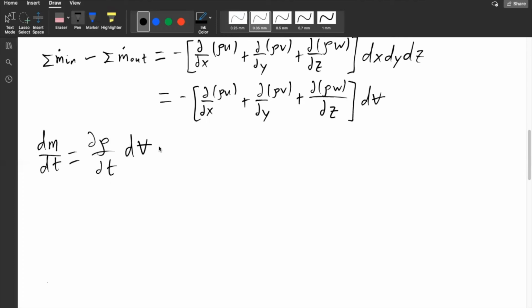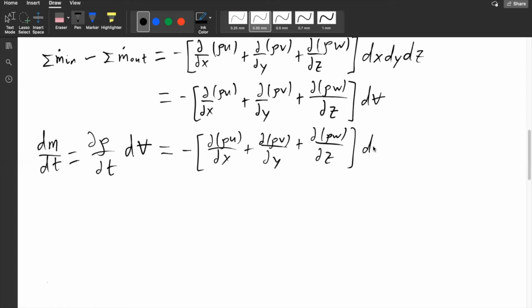This will be equal out to be this term, partial rho u, partial x plus partial rho v, partial y plus partial rho w, partial z, dV.